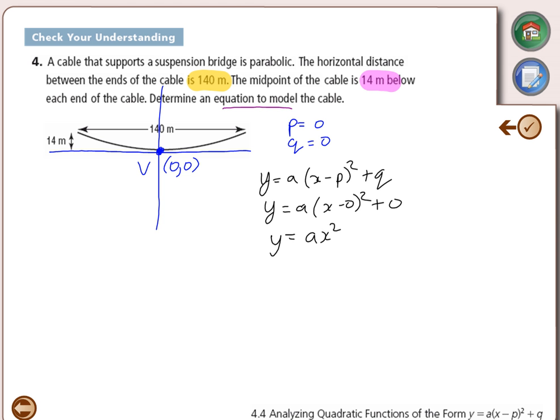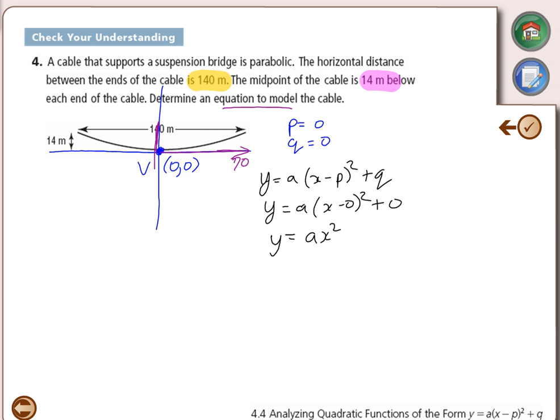All we now need is another point, an x comma y. Well, we've got two other points. We've got a point here and a point there. Doesn't matter which one you use. I'm just going to use the positive one. That point is over to the right by half of the distance. If it's 140 all the way across, that's going to be 70.